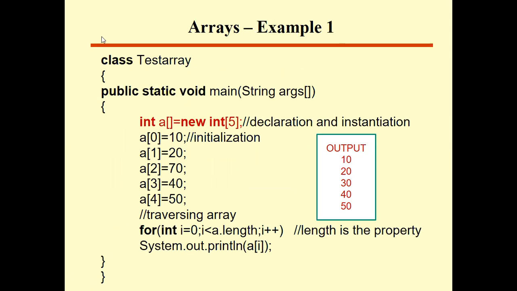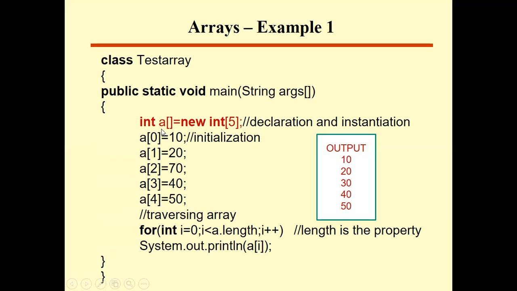Now, the main class name is TestArray, and the public main method is defined inside the main class. Using this statement, the array with name A is declared and instantiated. For instantiating an array, the new keyword can be used.